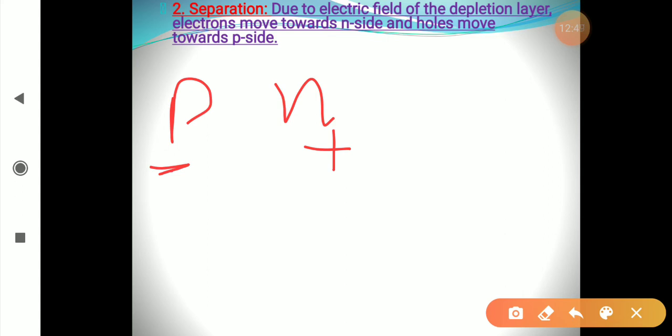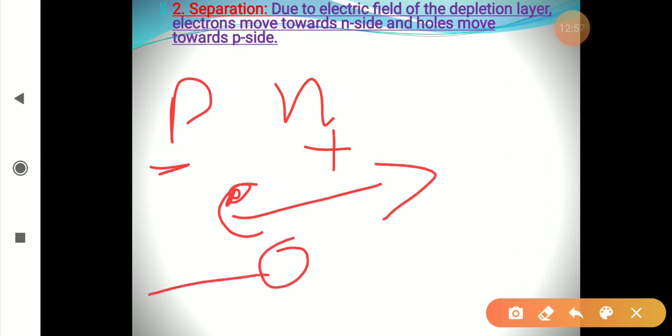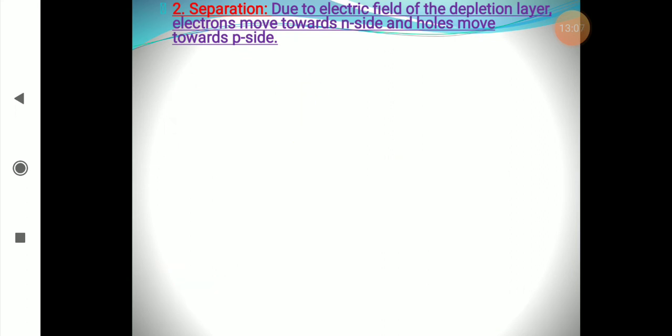So, electrons will move opposite to the electric field towards the N side. Holes will move along the direction of the electric field towards the P side. Direction of electric field is this one. You can see that. So, electrons move towards the N side, holes move towards the P side. So, the second step is separation of electrons and holes.